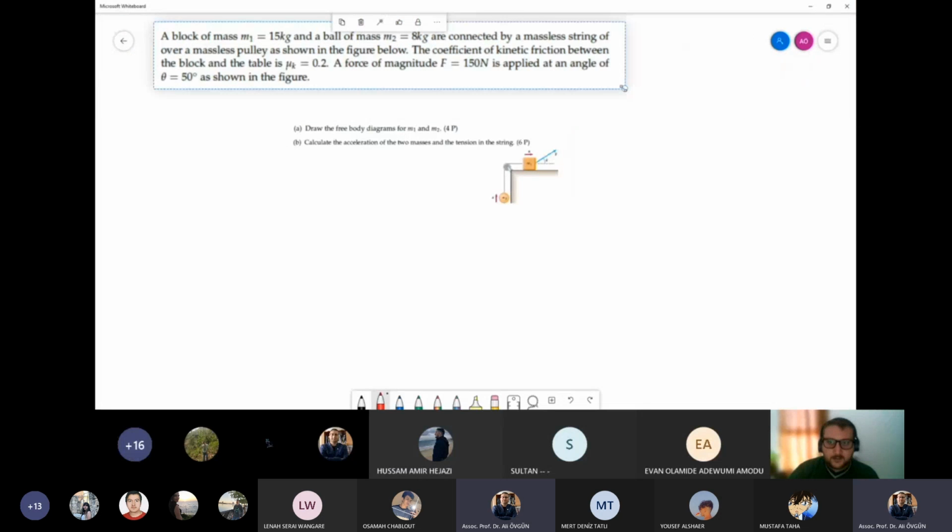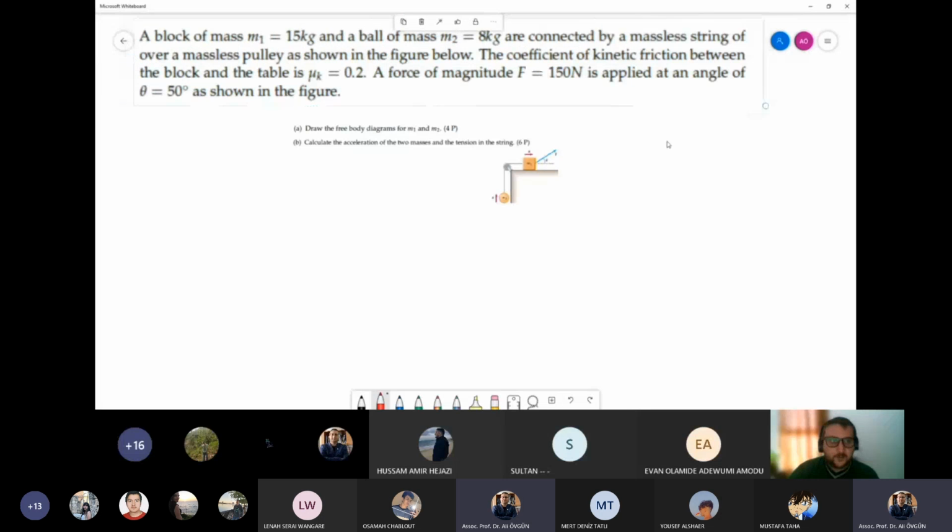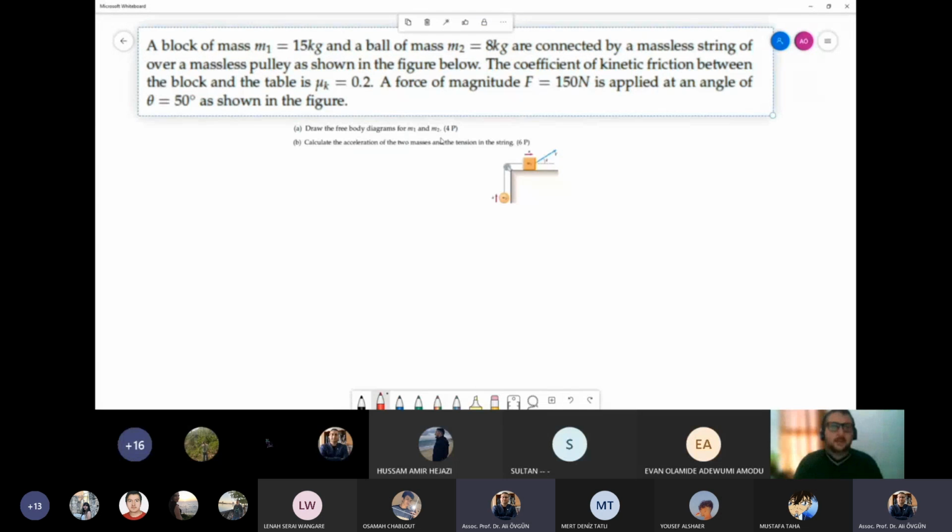Let's look at this problem. A block of mass M1 equal to 15 kilograms and a ball of mass M2 equal to 8 kilograms are connected by a massless spring over a massless pulley as shown in the figure below.